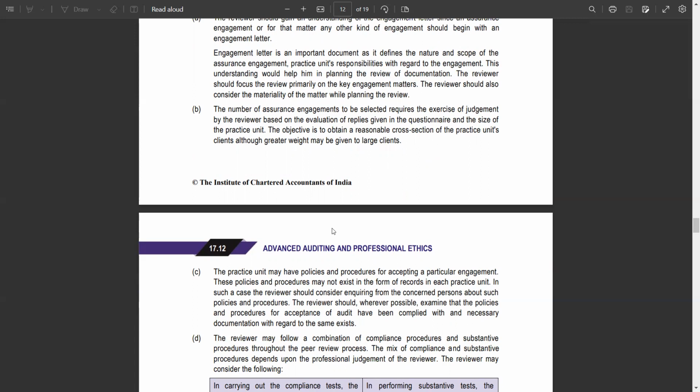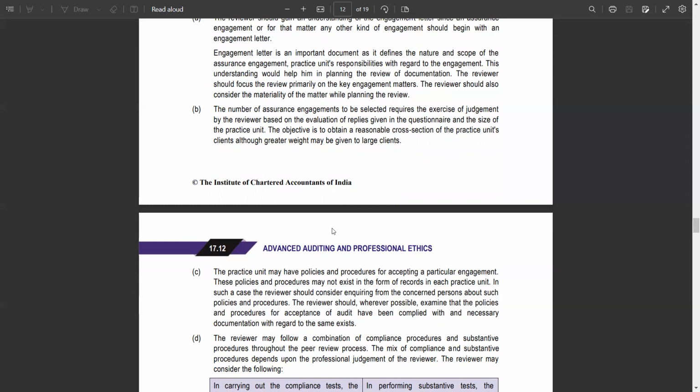After that, when you've done these three things, just like an auditor, you will apply a combination of substantive as well as compliance procedures throughout the process. You will check their controls, their quality policies, the quality assurance module, the audit quality maturity module, whether it is being applied the way it is to be applied.